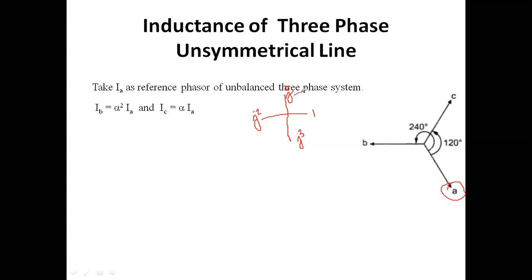Now, j equals square root of minus 1, as you know from your previous knowledge, and it is at 90 degrees from the reference. j square is 90 plus 90, that is 180 degrees from the reference, and j square equals minus 1. And j cube at 270 degrees equals minus j.